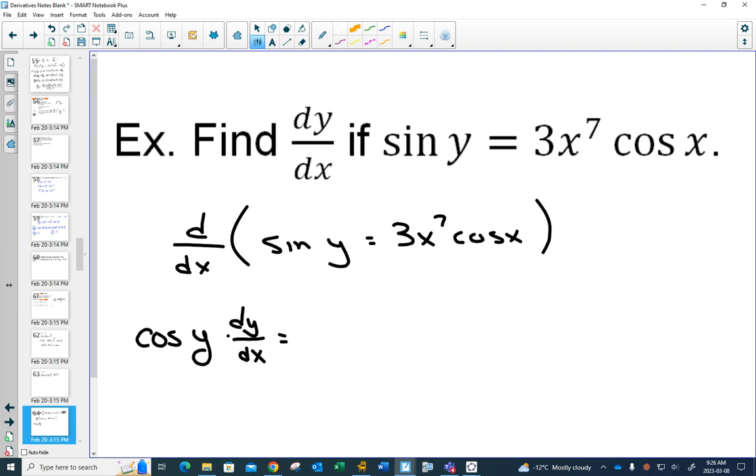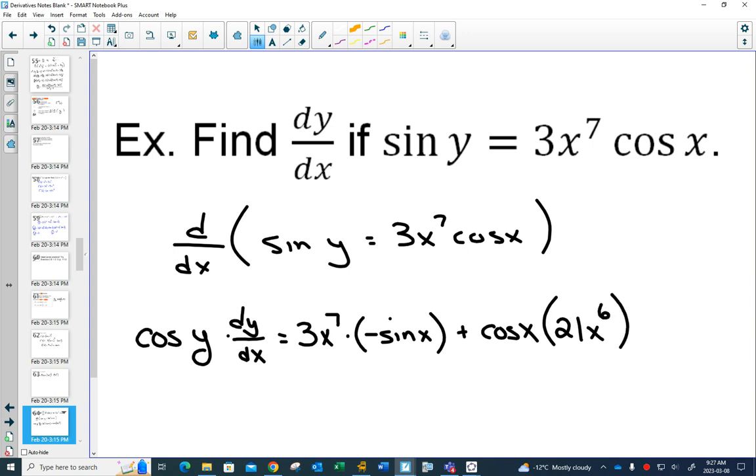Easy. On the right-hand side, we have a product rule. Keep the first one the same, times the derivative of the second one, plus keep the second one the same, times the derivative of the first one.